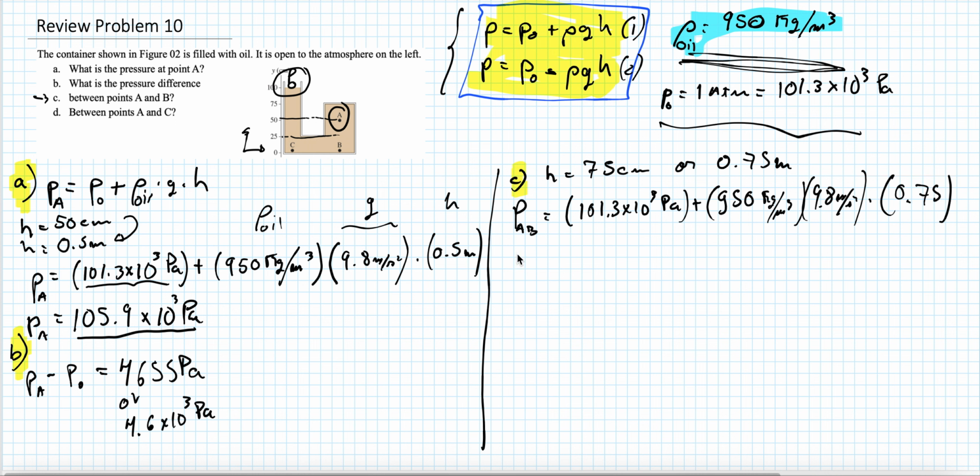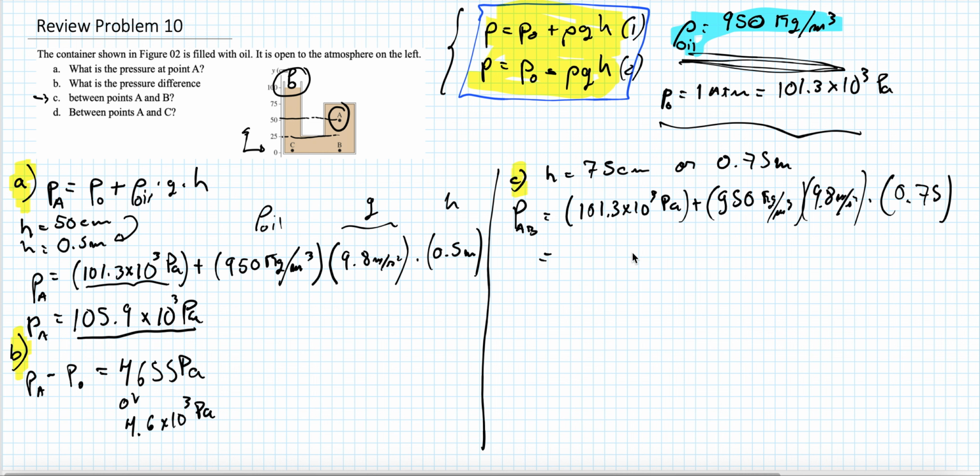So let me use my hyper super calculator here. This will be 101.3 times 10 to the 3, so it's going to be this number, plus 950 times 9.8 times 0.75.